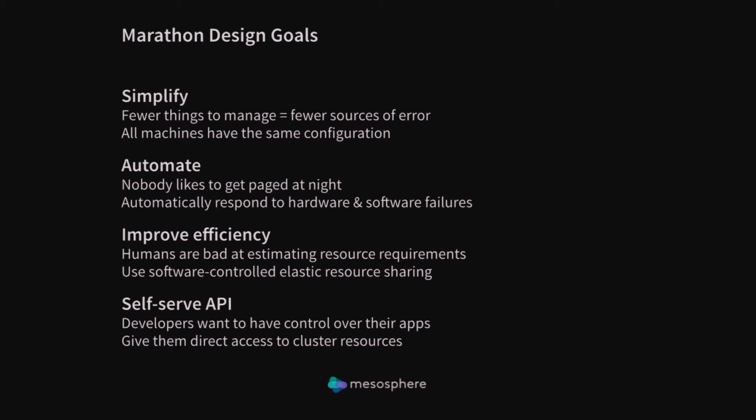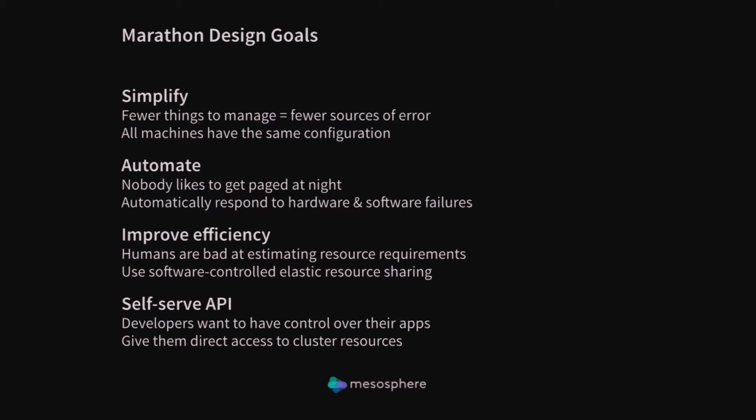If we have fewer things to manage, there's fewer sources of error. It's that simple. So when you run a cluster with Marathon, you can configure all of your machines the exact same way. And not only does that reduce the complexity of your configuration system, it also means that every single machine in the cluster can be replaced at any given time, because those workloads can just be rescheduled somewhere else.